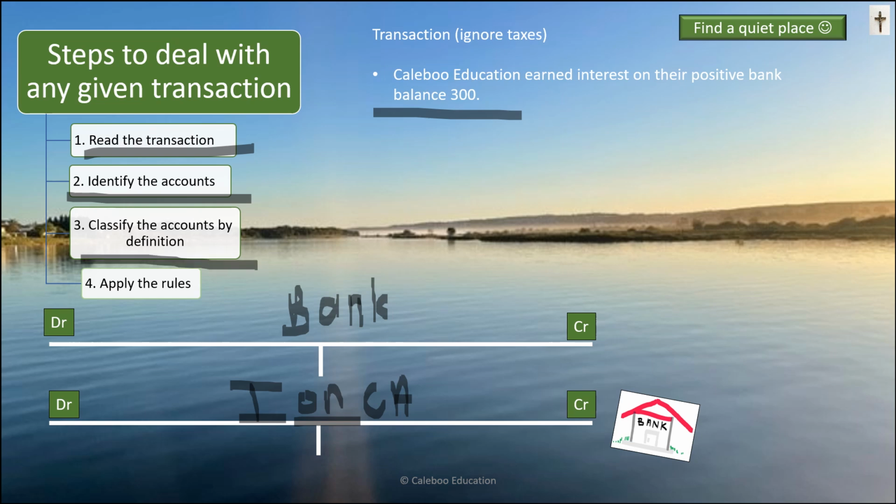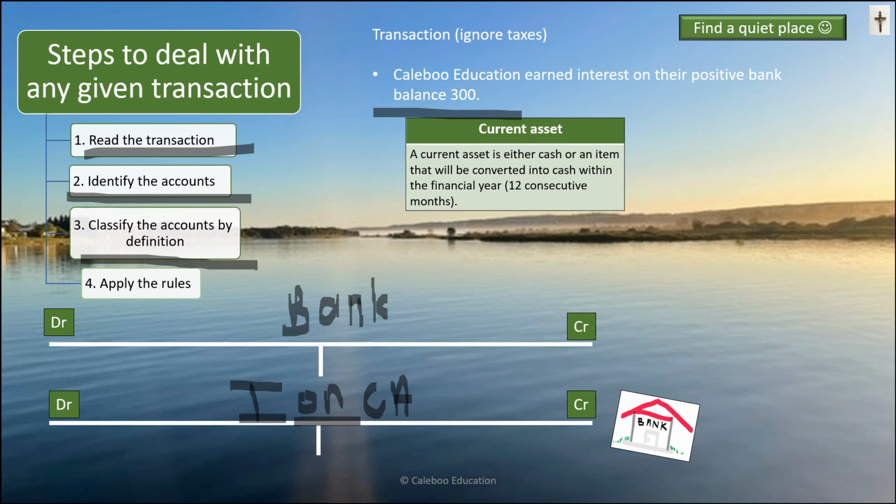Next step, we need to classify the accounts by definition. So the definition of a current asset, bank, we know is a current asset, and we have a positive bank balance. So I classify bank as an asset.